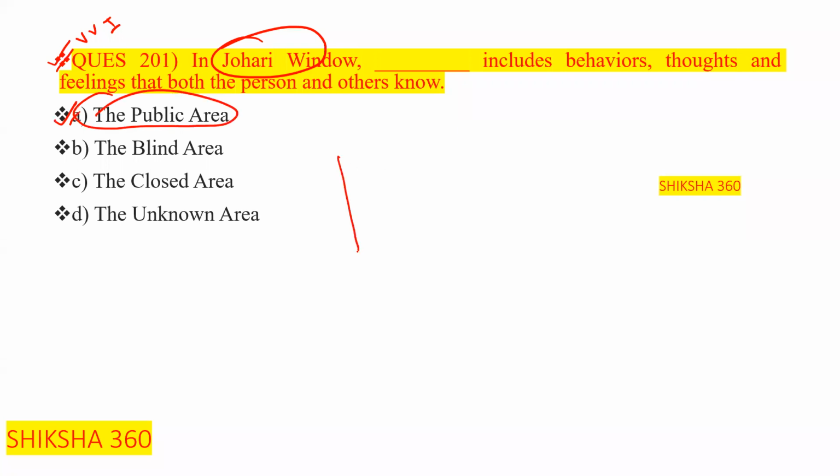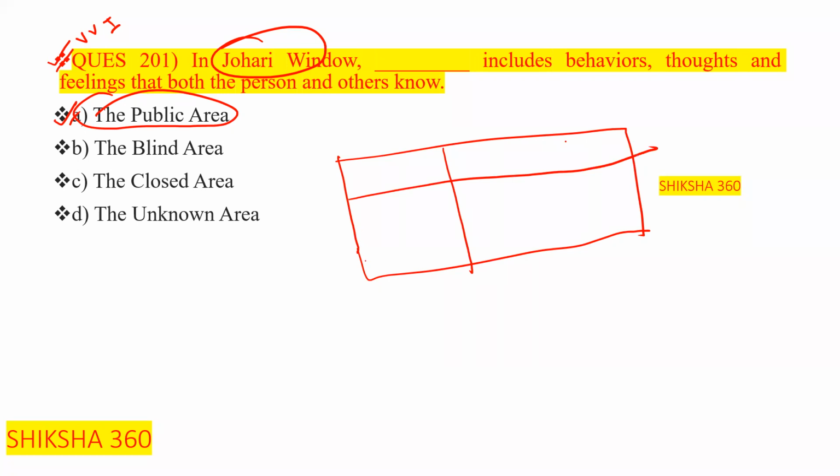There is a diagram on the basis of that. I will make the diagram here so that all of you are able to remember. This is known to self, not known to self.